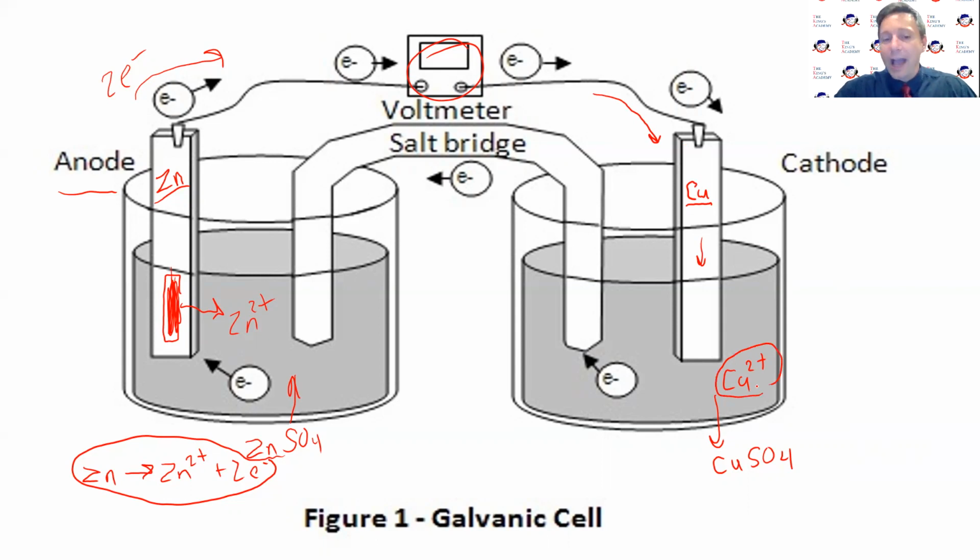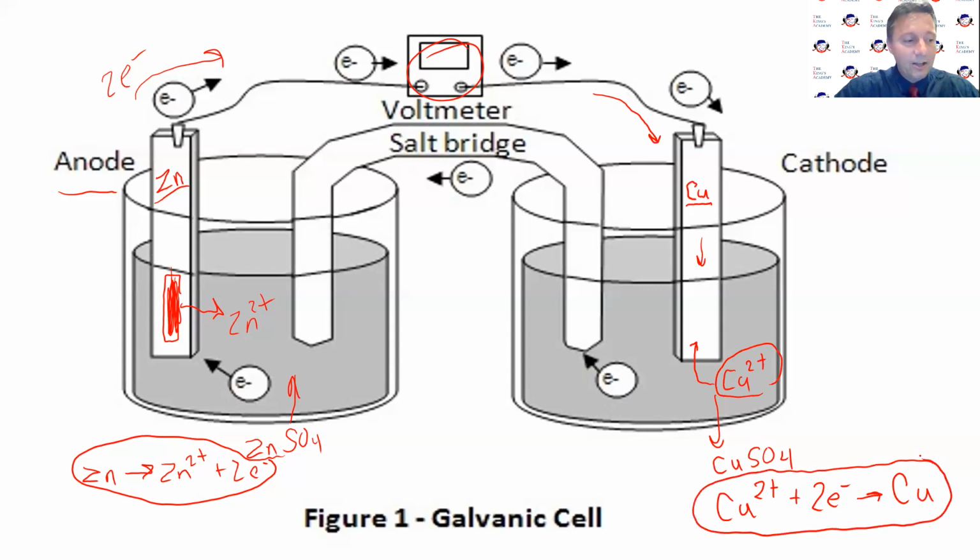They are going to accept those 2 electrons. So they're going to become a solid and build on that electrode. So on this side here, we have Cu2+ plus 2 electrons, resulting in solid copper production. So this is what is happening on this side. So this is being reduced, and the zinc is being oxidized.